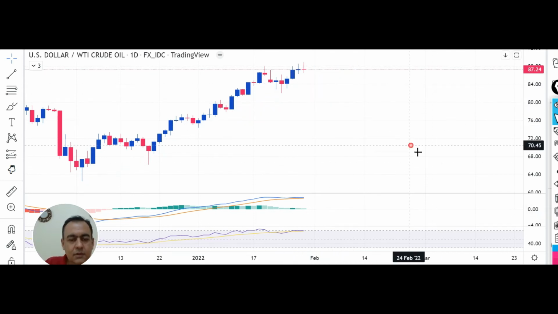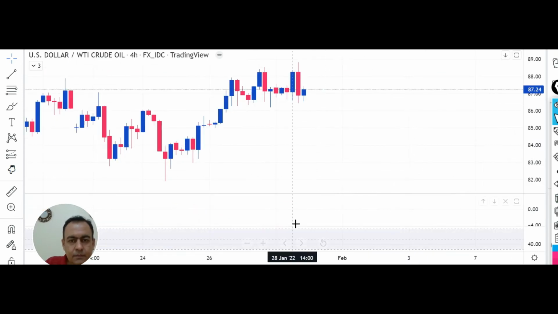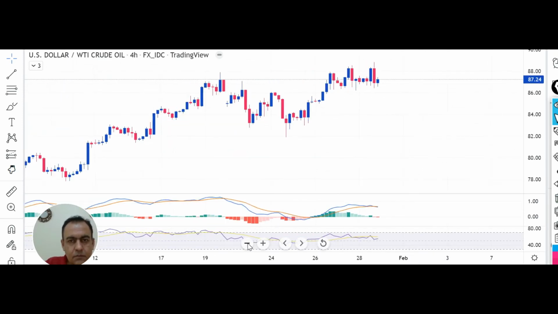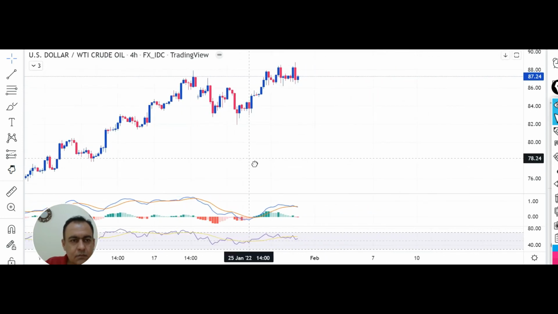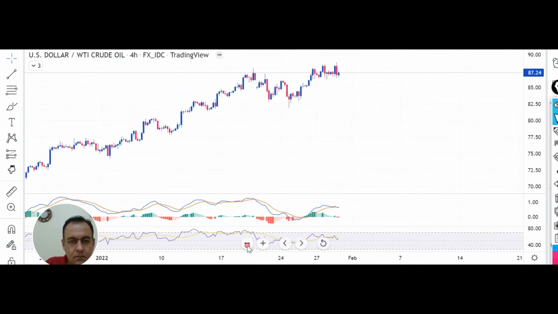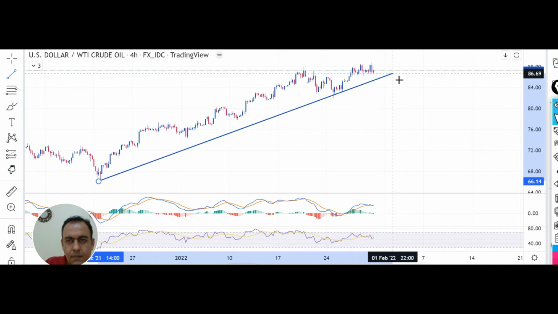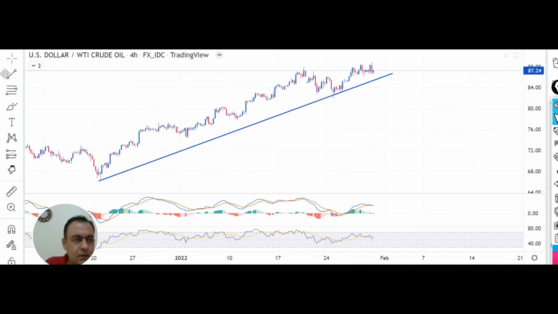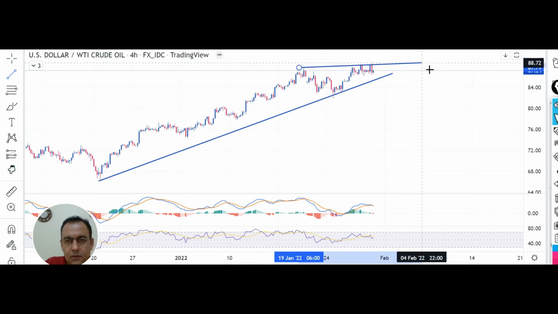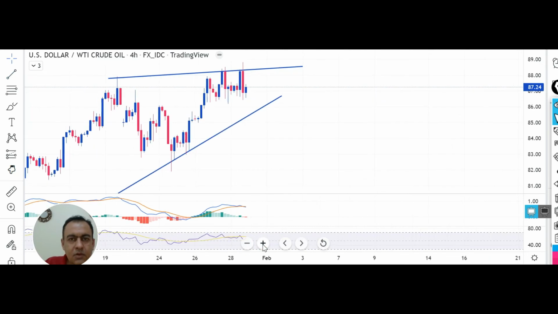If you check it on the 4 hour, this is a trend line, and if we join these highs, so what has happened, the bulls have tried to break above this area, but they failed and finally closed below.